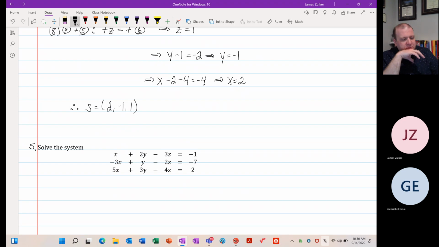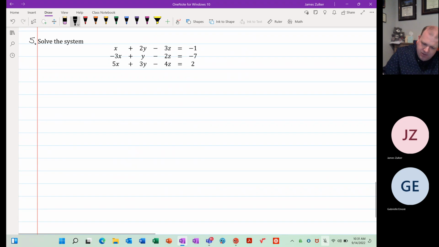Right, number 5. Another system of 3 and 3. And so again, just to try and keep track, let's label each equation.